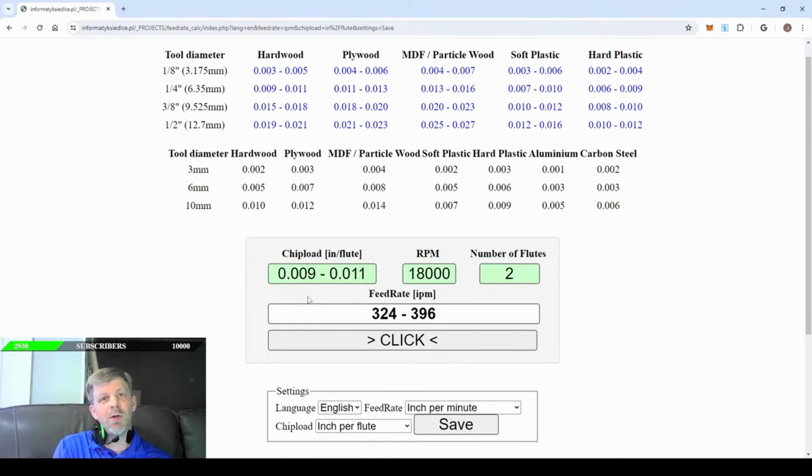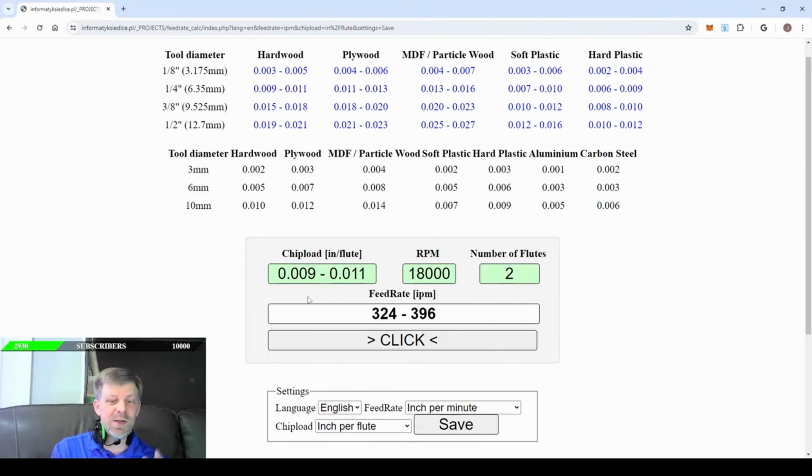Now, the only downside to a compression bit is that sometimes where these chips compress in the middle of the bit, you can get a slight amount of marks on the sidewalls of a profile cut. And so you have disadvantages and advantages for all three types of bit: downcut, upcut, and compression.